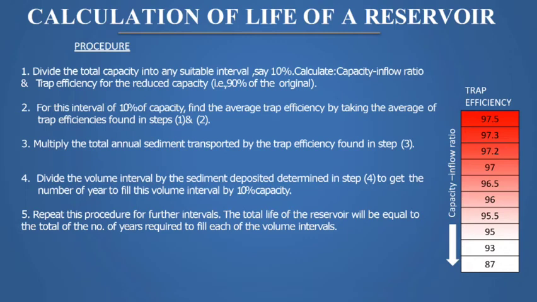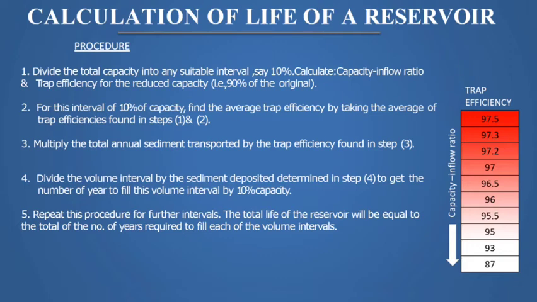So let's say we calculate it for 10% of the total capacity. For this 10% capacity, find the average trap efficiency by taking the average of the trap efficiencies found in steps 1 and 2. So there will be the trap efficiency of the total capacity, and then the trap efficiency of total capacity minus 10%.